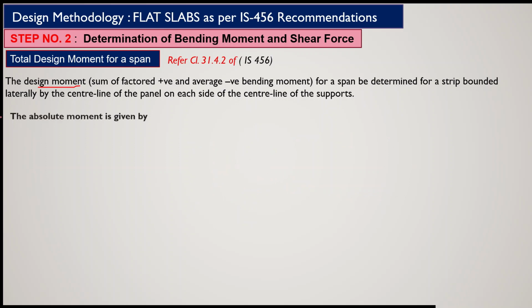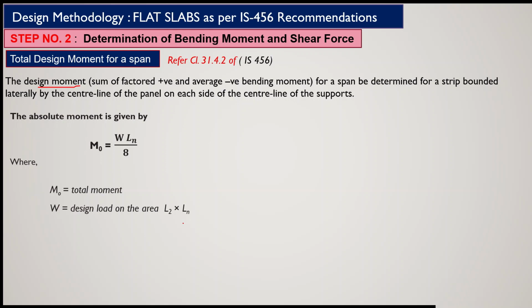So absolute moment, which is total design moment, is given by the formula M naught equals W Ln over 8, where M naught is the total design moment, that is total design factored moment. W is design load on area L2 into Ln. So that means this will be the area bounded by two spans.